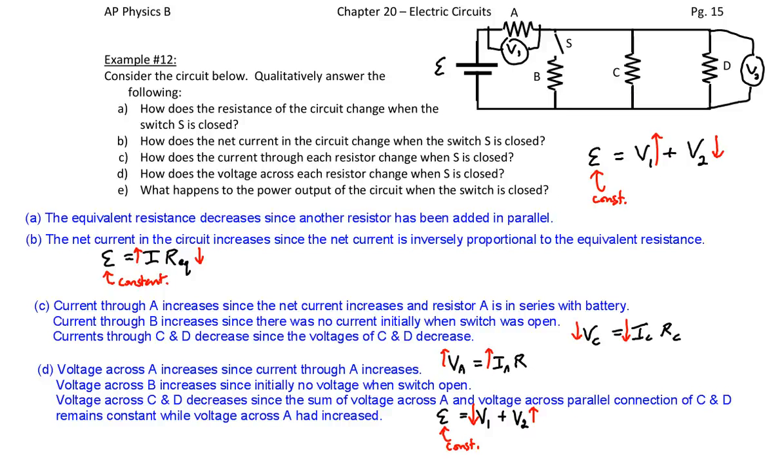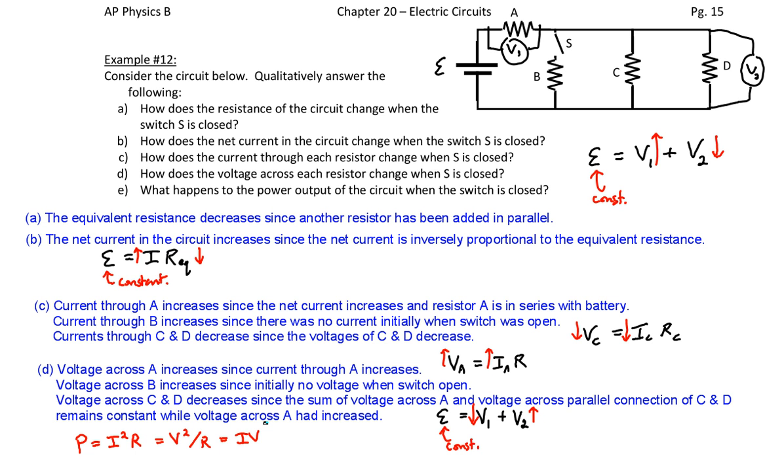Okay, so to help you through your reasoning on this, hopefully you were thinking of the power equation, P equals I squared times R, or V squared over R, or I times V, in leading you to get those answers.